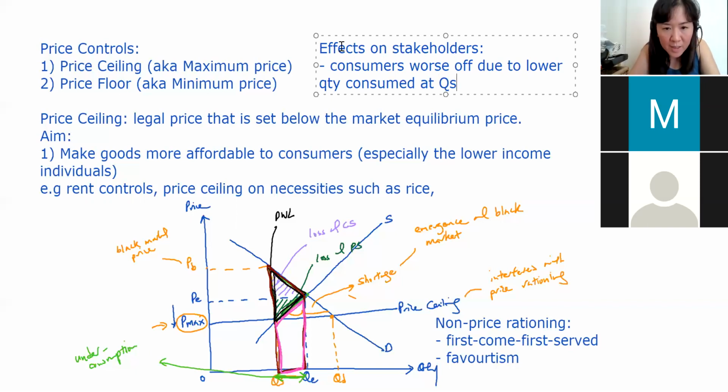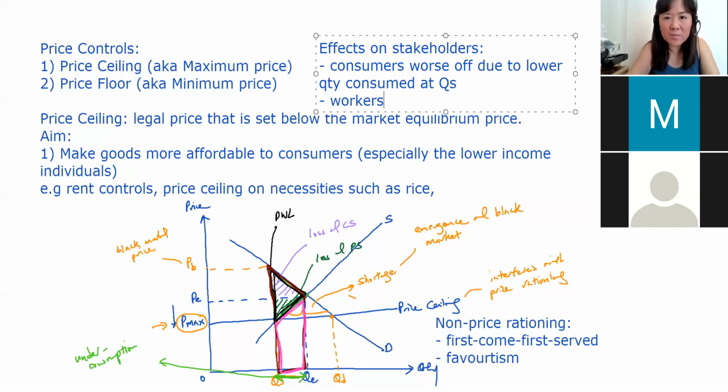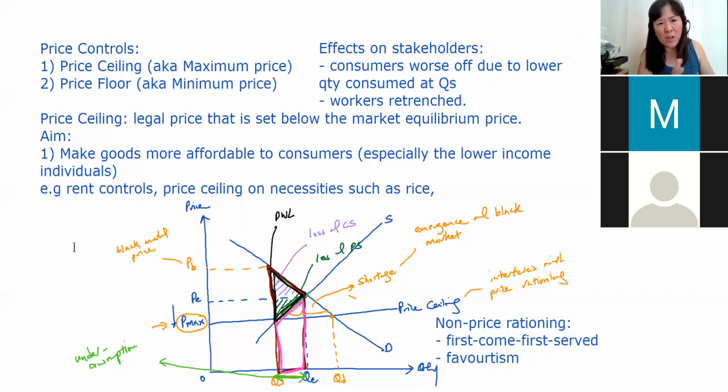Then, of course, workers are retrenched, due to lower quantity produced. If you talk about the government, there's not going to be any impact on them, because there's no subsidy, no money they have to pay, and they don't receive anything from this price ceiling either. So there's no effect.